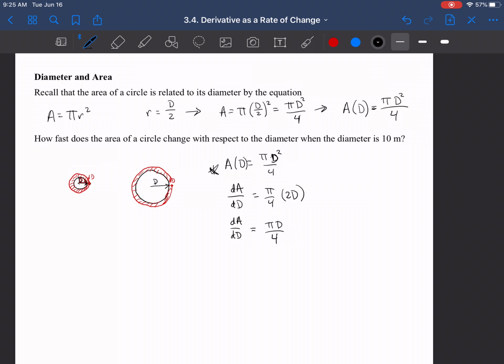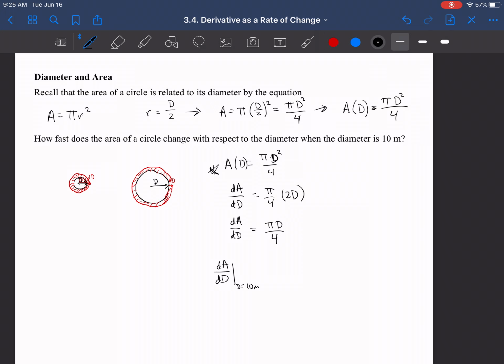And that's a function that tells us how quickly the area changes, or the rate at which the area changes, as we change that diameter.